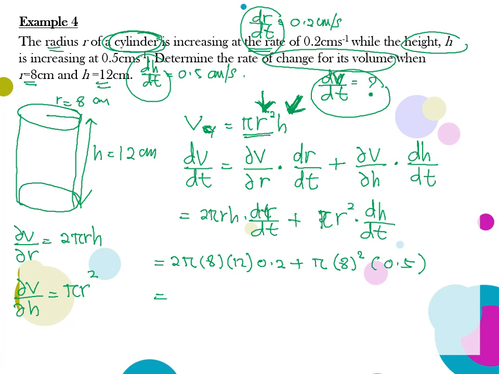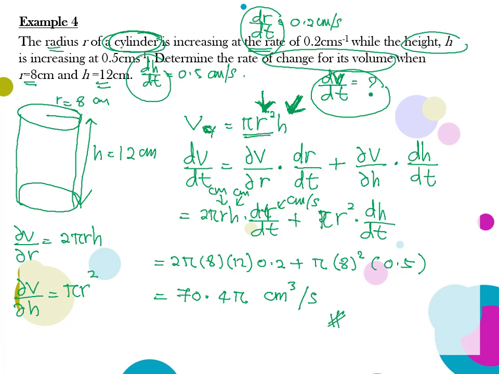I will leave my answer in pi, so that will give you 70.4 pi. The unit is centimeter cube per second, because this is cm, this is cm, this is cm per second, so you have cm, cm, cm, giving cm cube per second. So this is the answer for the changes of the volume when the time increases.